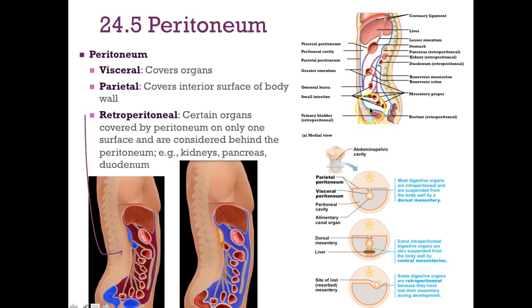So it is all of this blue line in here. And then we have structures that are retroperitoneal. If you think of the word retro, it means like backward, right? So these are all structures that we are going to find behind the peritoneum that we see in the blue here. So that would include your pancreas, kidney, and a portion of the duodenum.